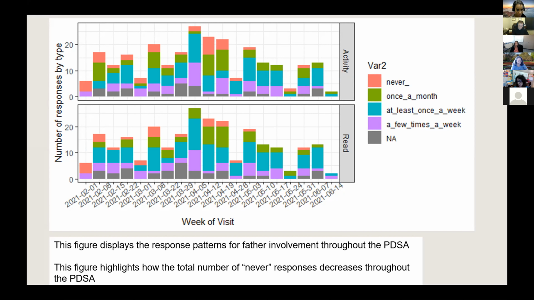So that's what is in the graph on top, and the graph at the bottom is the reading, when we collected information about reading. One of the things that we noticed is that we increased the participation, with fathers reading at least once a week.